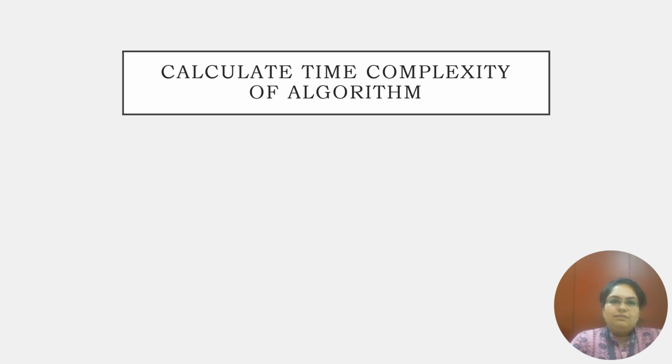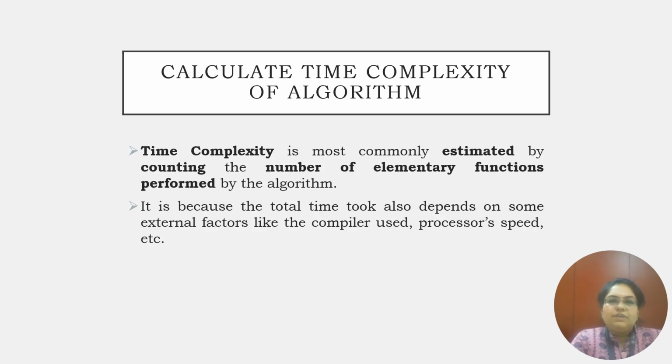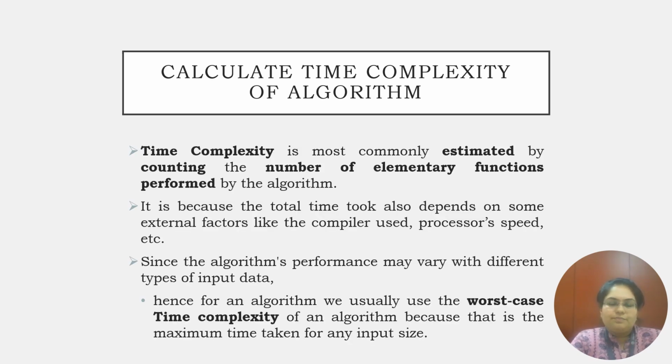Now let's learn how we can calculate the time complexity of an algorithm. Time complexity is most commonly estimated by counting the number of elementary functions performed by the algorithm. It is because the total time taken also depends on some external factors like the compiler used, processor speeds, etc.